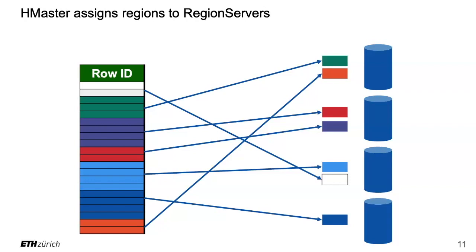So if one region server is in charge of one row, then it will act as a client for HDFS. Exactly. The idea is that we have multiple layers, right? So now we have 4 layers, in fact. The layer above is you using HBase.